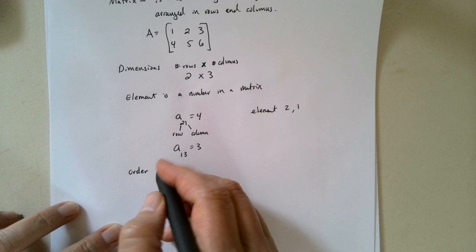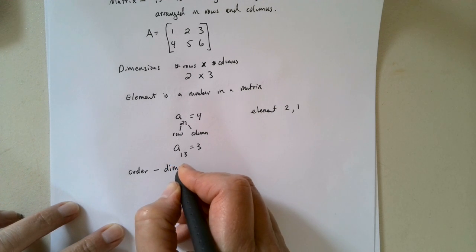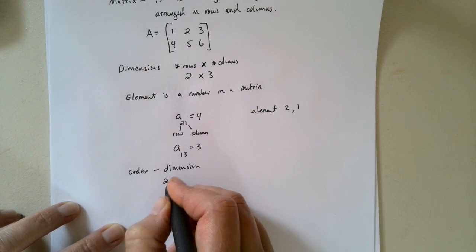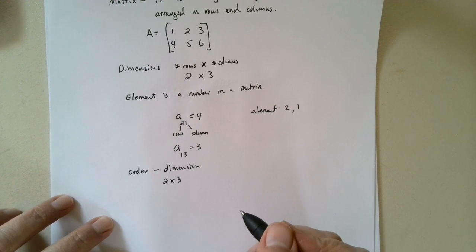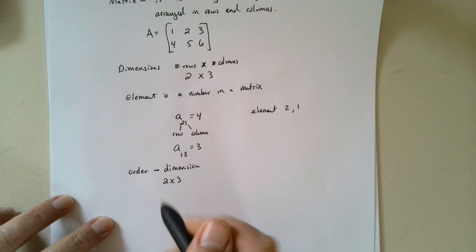In the pre-cal book, when they want dimensions, they refer to it as order. And so the order of this matrix would be a 2 by 3. So I don't know why the vocabulary changes a little bit, but dimensions and order are referring to the same thing.